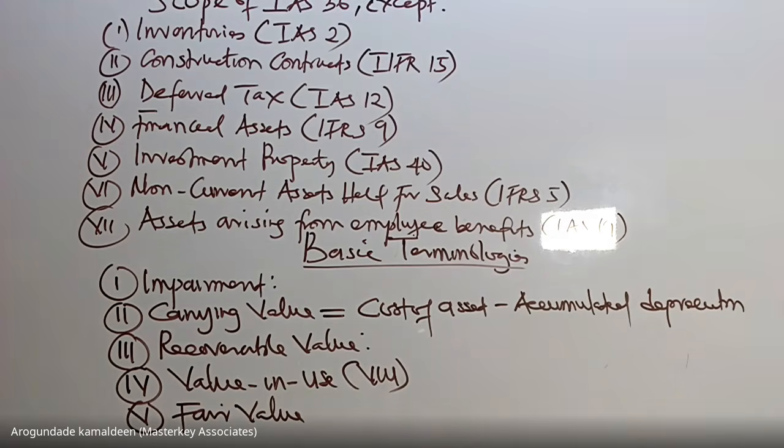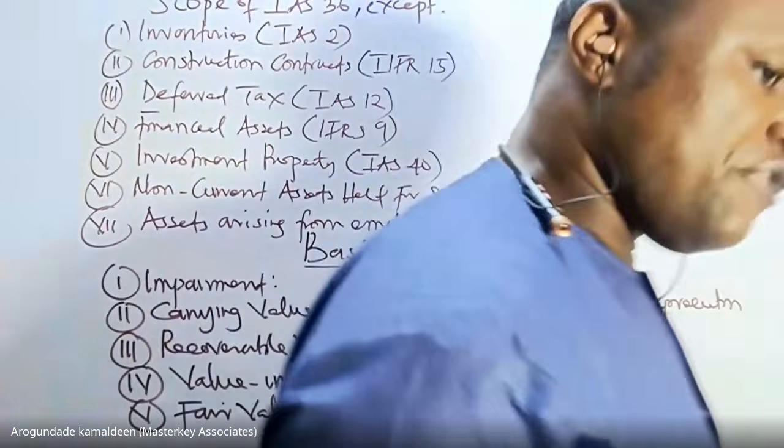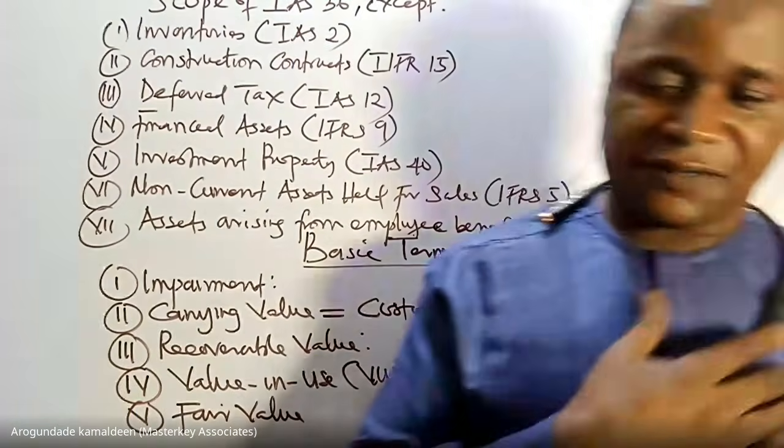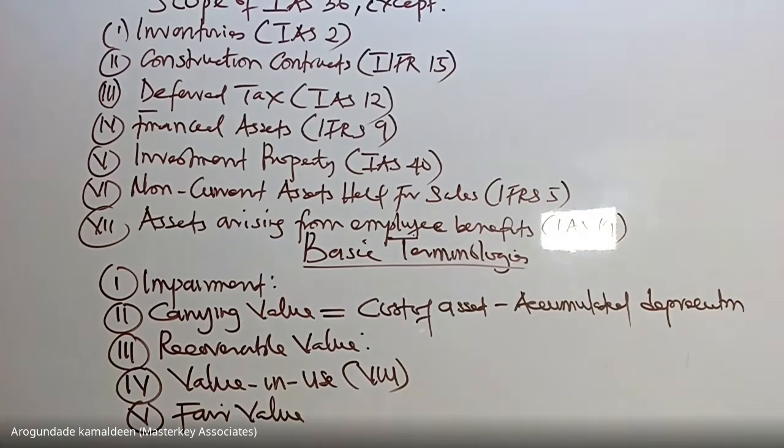Exactly, class. And for there to be a fair value, there must be an active market. Class, so what is an active market?